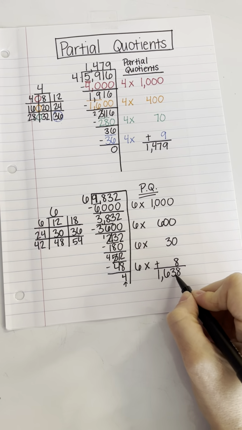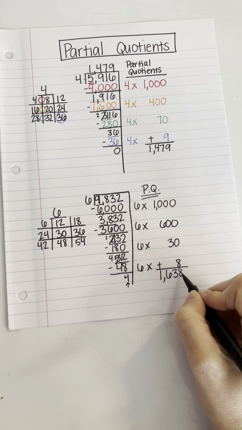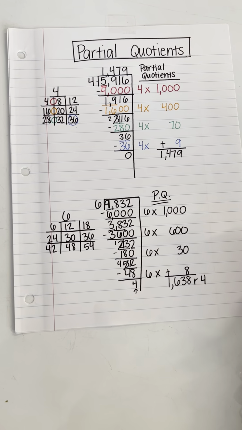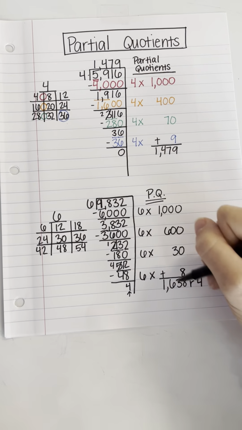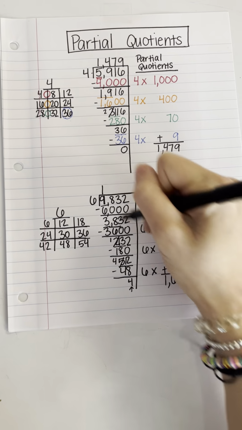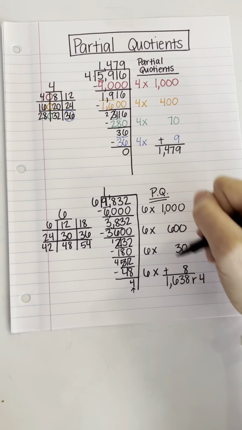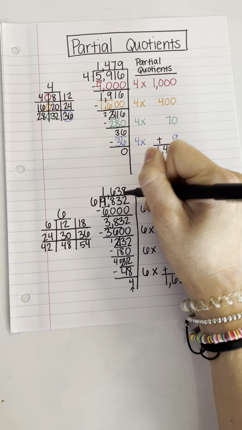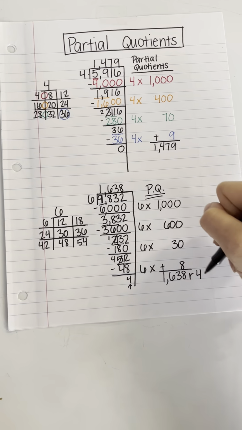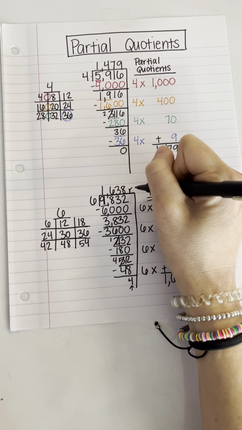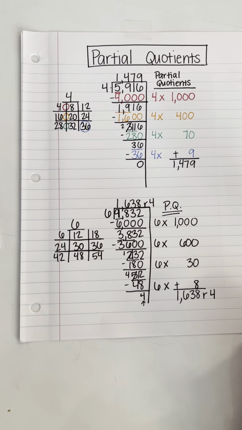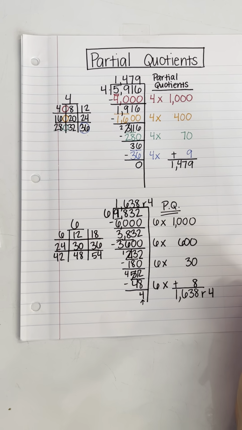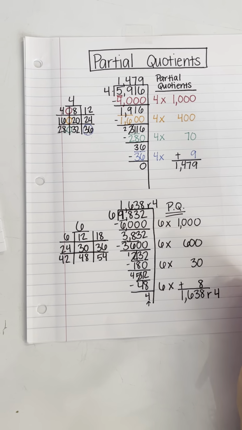So 1,638 is our quotient, but we also have that remainder of 4 that we really can't do anything with. So again, when you're writing these up here, the 1 goes over the 9 since that's in the thousands place, and then 638. And the remainder 4 just kind of goes off to the right here. So 9,832 divided by 6 is 1,638, remainder 4.